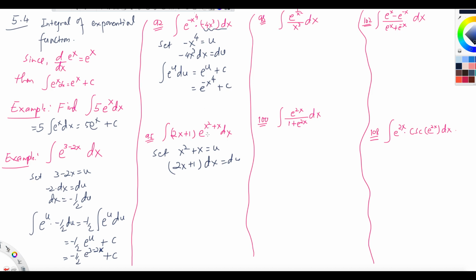So this thing is basically du. Now this will be e to the u du, so it will be e to the u plus c. That will become e to the x squared plus x plus c. That's how you write it.